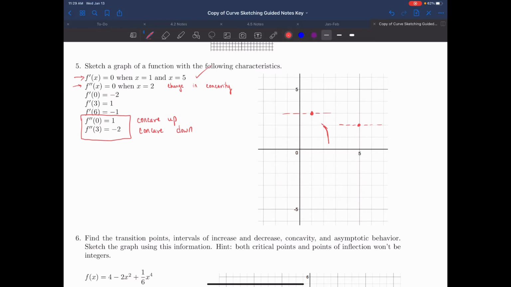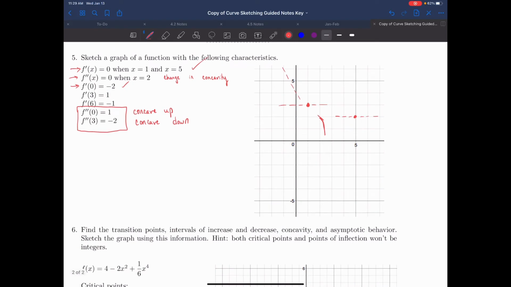So f prime of 0 is negative 2. So at 0, we have a slope of negative 2. This is a slope of negative 2 at 0. Okay, use that. f prime of 3 is 1, so the slope at 3 is 1.